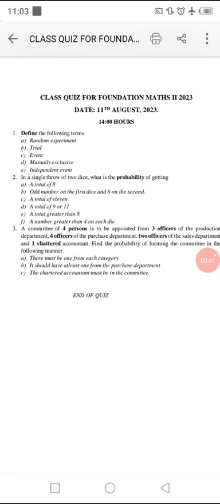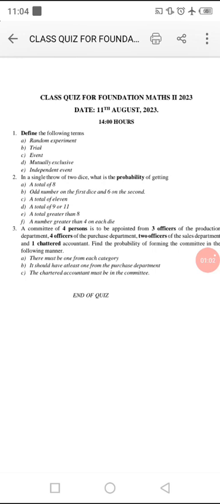Before going further, it's a good thing if you can come up with your own data. Note that only 4 people are needed in this committee.